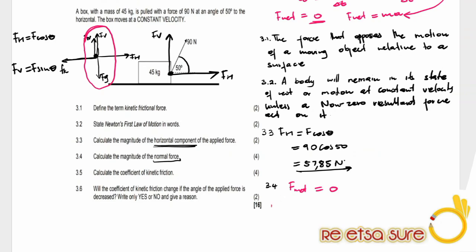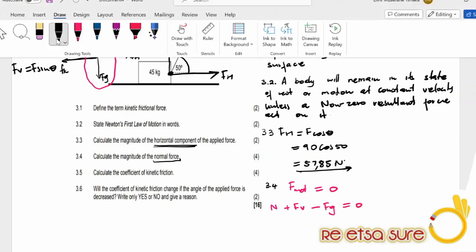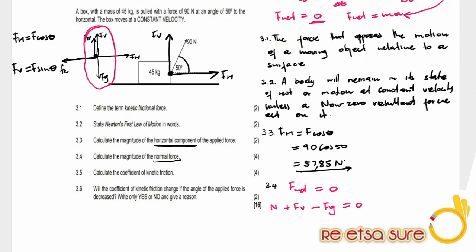I'm having normal force plus force vertical minus Fg is equal to 0. So now, what is the magnitude of Fg? Here at least I've calculated F horizontal.